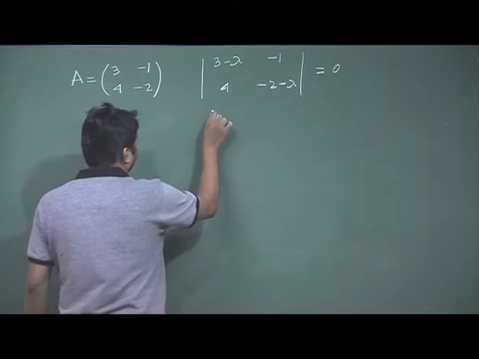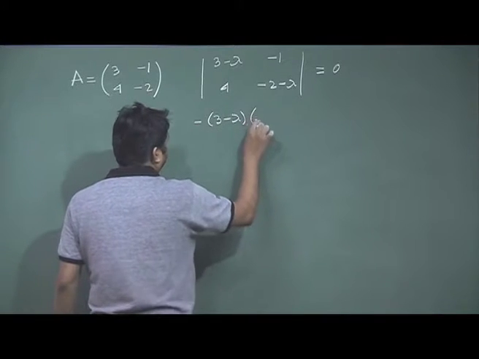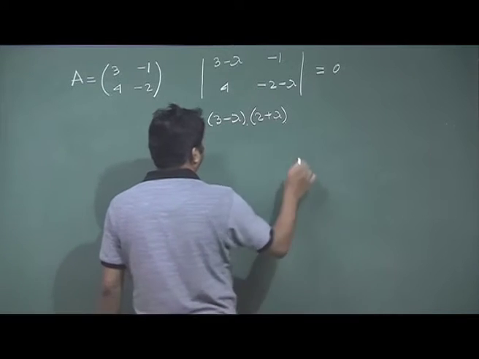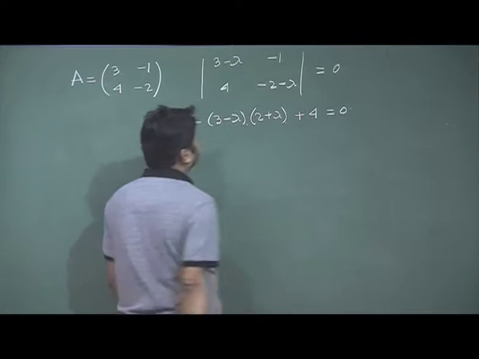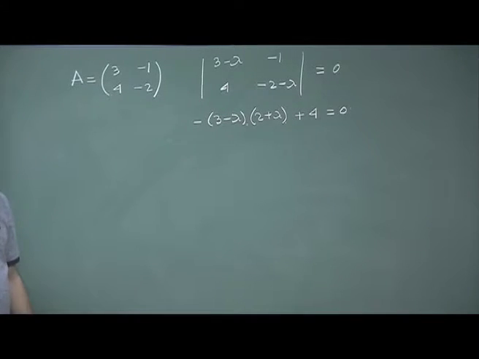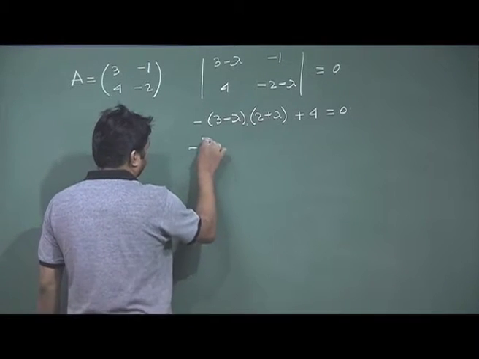So, I will have 3 minus lambda times minus 2 minus lambda, and plus 4, equal to 0. First I need to calculate the value of lambda using this equation. So, let us do it.